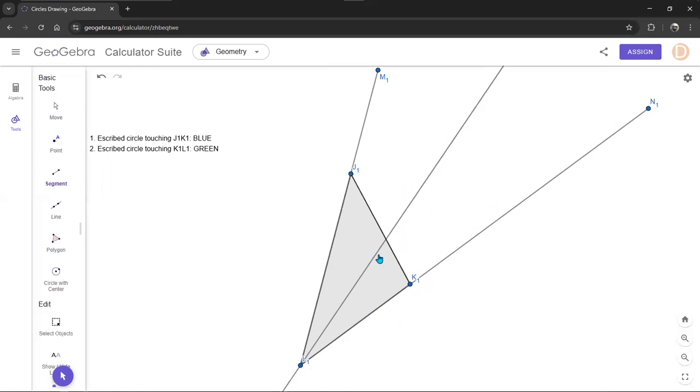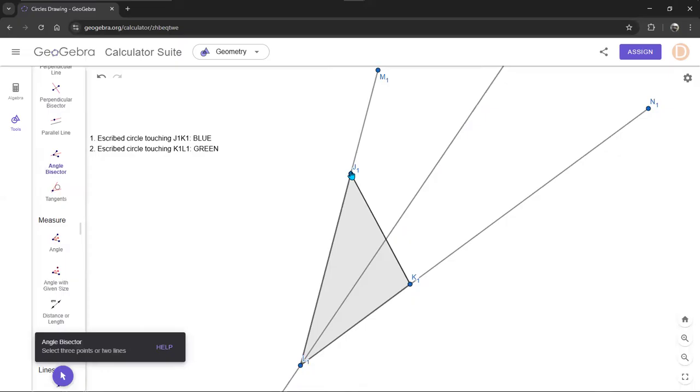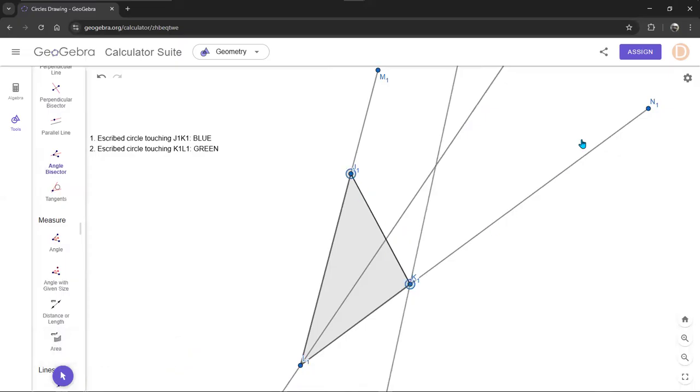So we want to bisect now the exterior angles, which in this case, let me try to move faster. We have J1, K1, N1. And also the second one, we have this one here. So we are going to bisect K1, J1, M1. So as you can see, we have a point of intersection here.